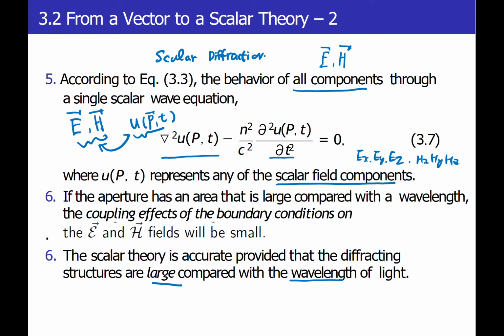Scalar means it's a scalar field component, u, which is a component of the E and H vectors. From now on, we are not going to solve for E and H separately, because both components satisfy these wave equations. Once we know the solutions of the wave equations along with the given boundary conditions, then we know what they are.